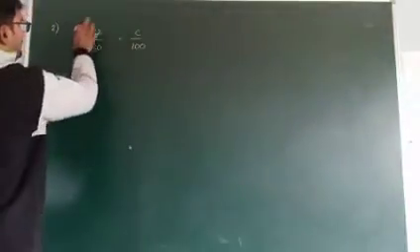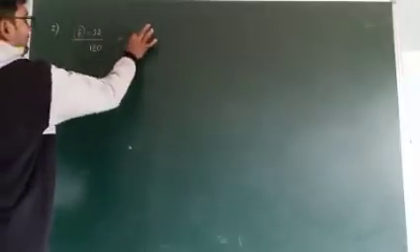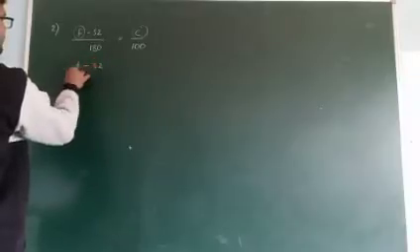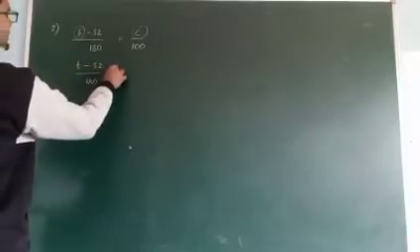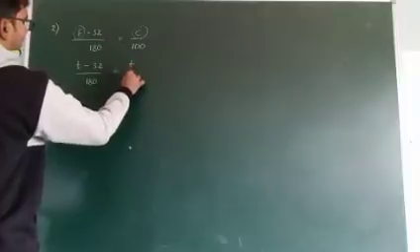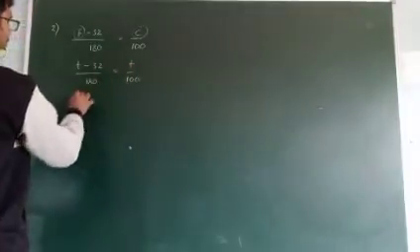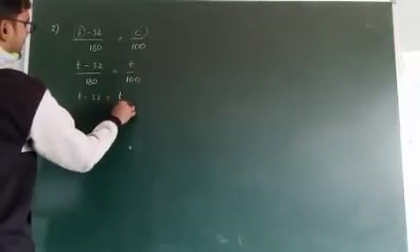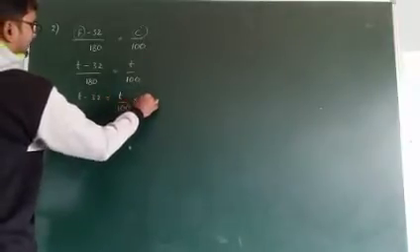But these two values are equal. So we take T minus 32 by 180 is equal to T by 100.